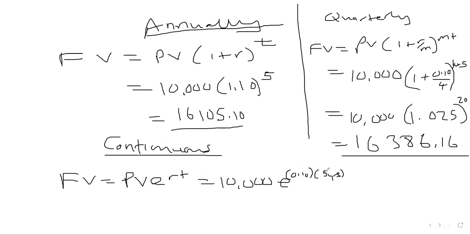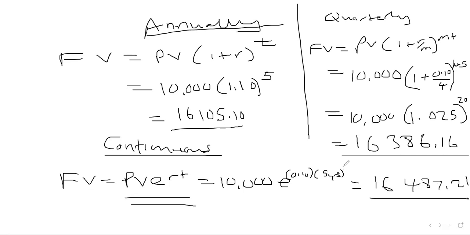So 0.1 times 5, then e is on the calculator. You go to second function, e. Then 5 times 10,000, we're going to get 16,487.21. So you see, the more you compound, the higher the figure. From 16,100, 16,300, 16,400. So this is when you're compounding continuously.